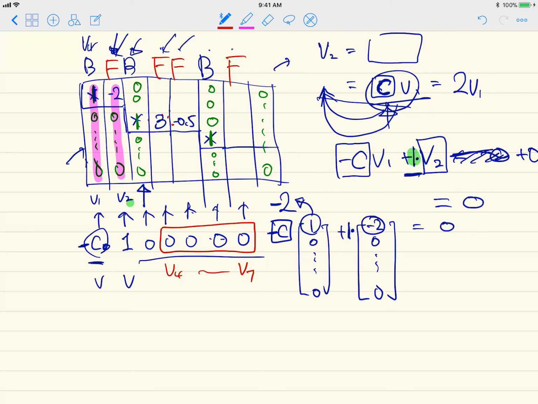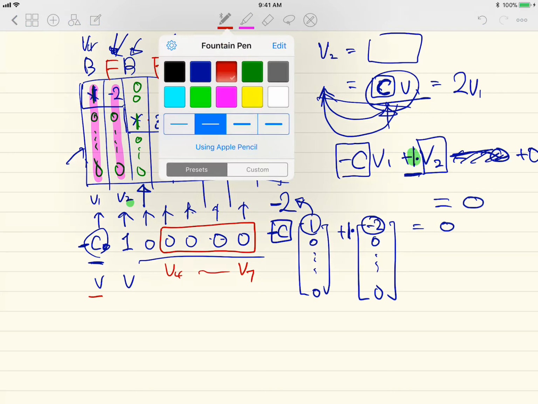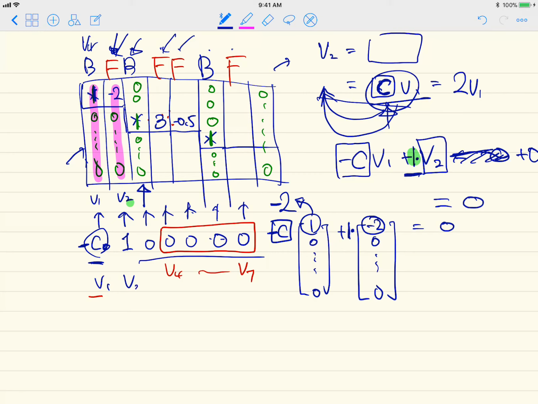So we currently have V1, V2 and V3, and now let's try to represent V3 as a linear combination of V1 or V2.